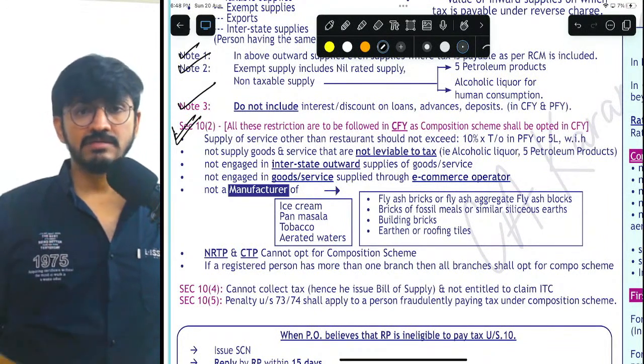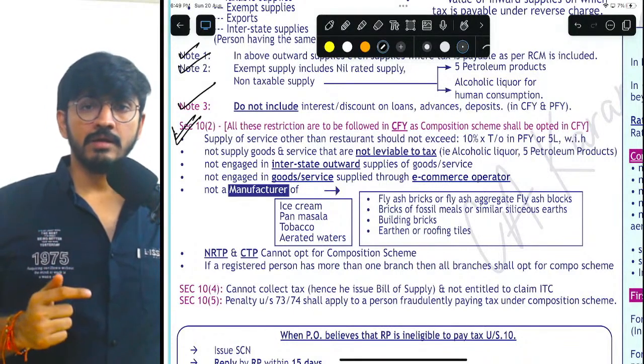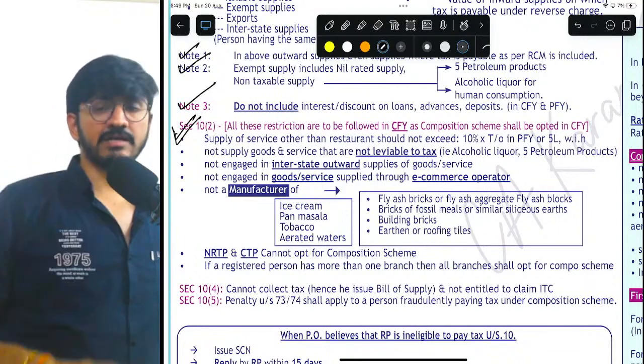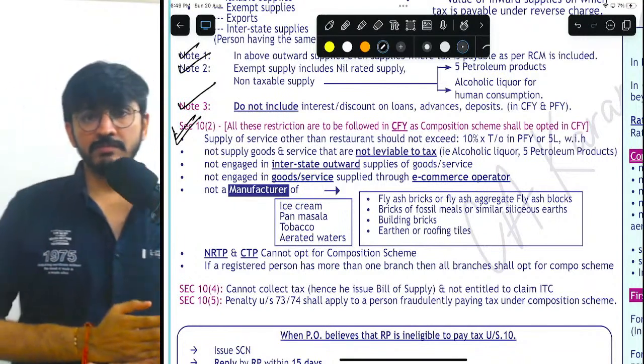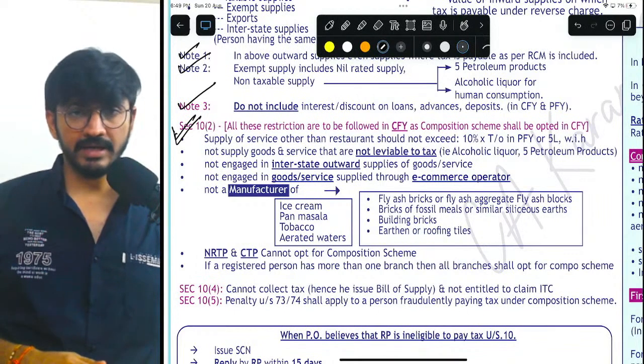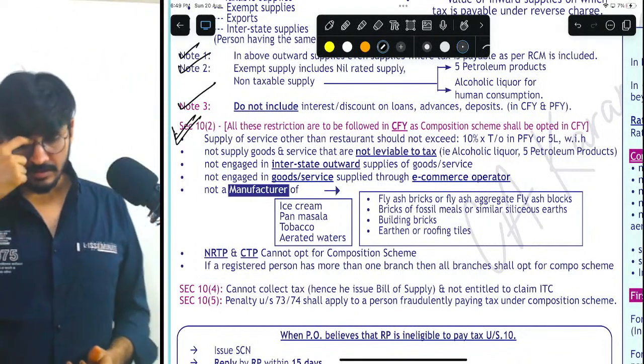If you do that, end of discussion. The compo scheme will lapse and the normal scheme shall start. Is that very clear, my dear friends? Absolutely correct. Okay.